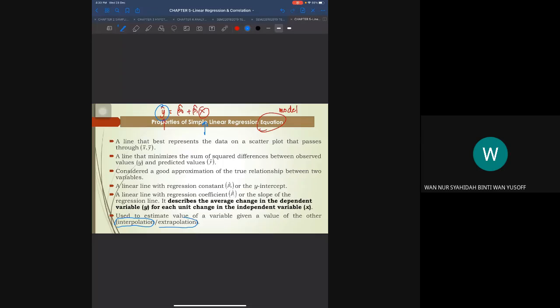Extrapolation means that we predict a value which is outside the data. When you use extrapolation, you might get an invalid result. Sometimes you will get a negative value, or a value outside the limit of that variable. So we have to be careful with extrapolation.